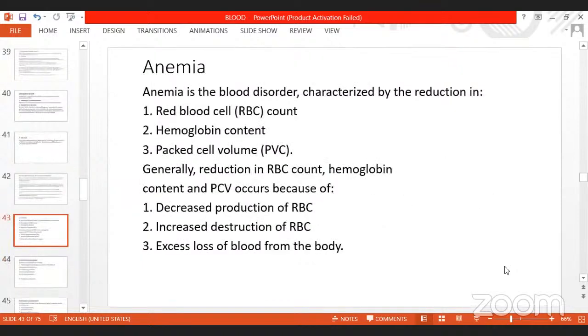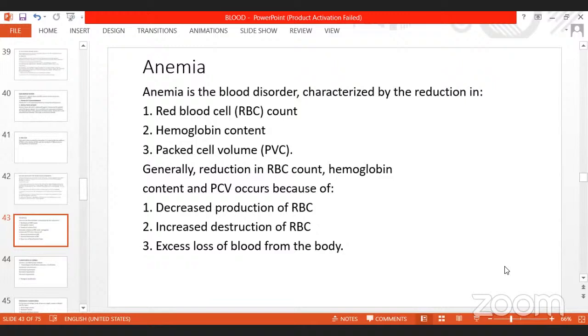So, let's see what will happen if there is a decrease in RBC. Anemia is the disease condition characterized by the reduction in RBC count, hemoglobin content, and packed cell volume.